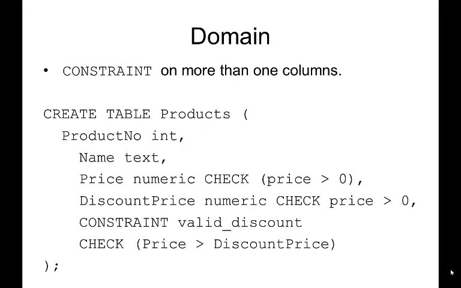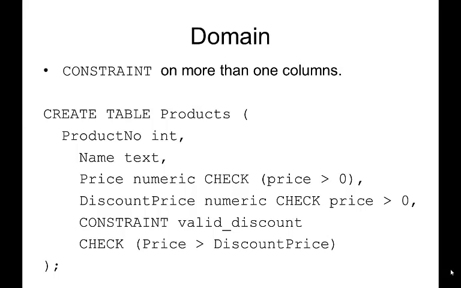You can also put check constraints on more than one column, using the constraint keyword separate from individual fields to set a constraint across multiple fields. So here we've now got a second constraint. We've got 3 constraints in this products table. We've got a new field called discount price, and I've got it the wrong way round. I've had a filthy cold all week and just my general incompetence.